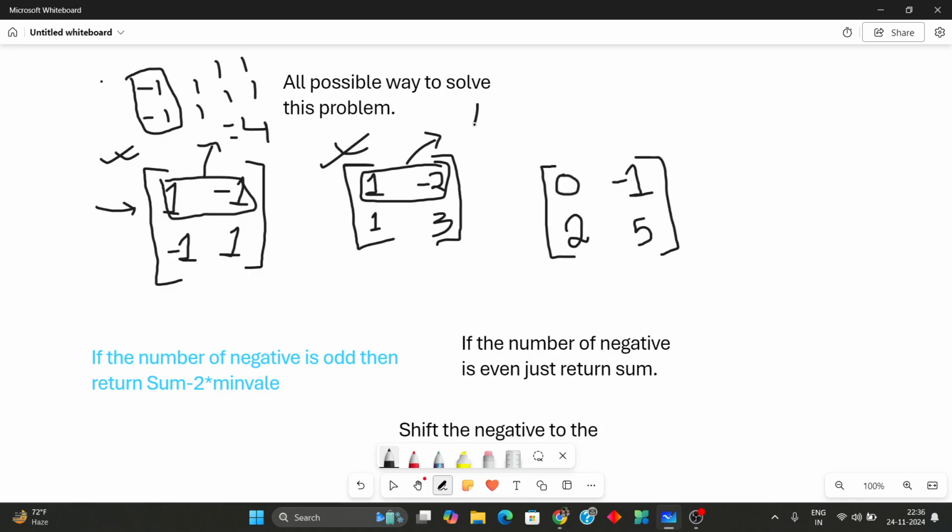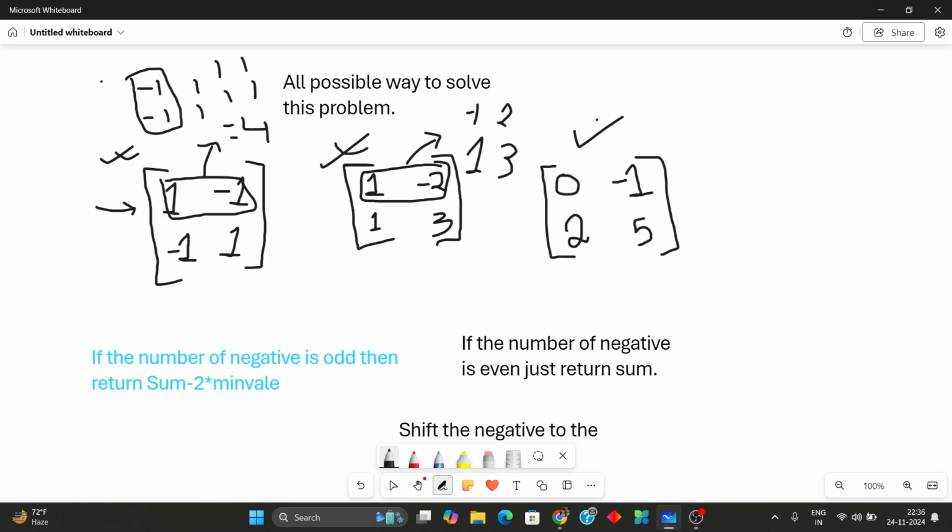Then we get minus 1, 2, 1 and 3. You can see that if we multiply the first row with the minus sign, it will cancel the minus 2, and the minus will shift to the 1. This is the easiest approach to solve this problem.